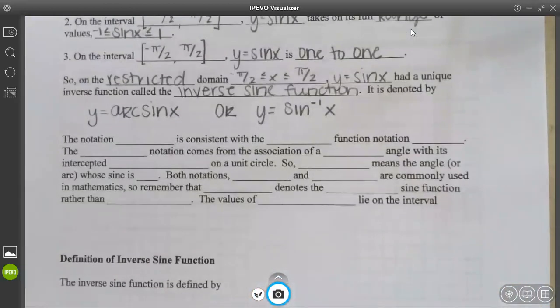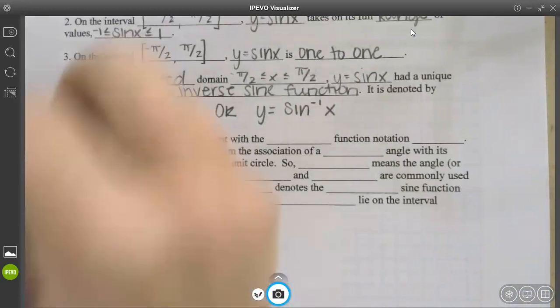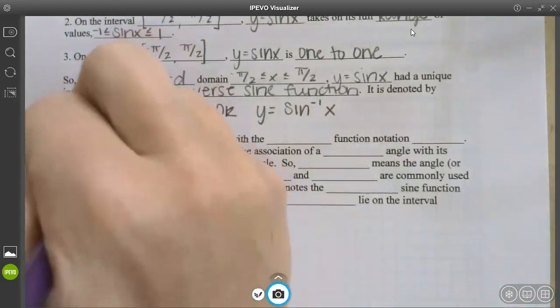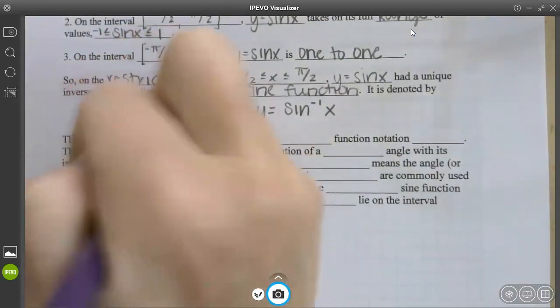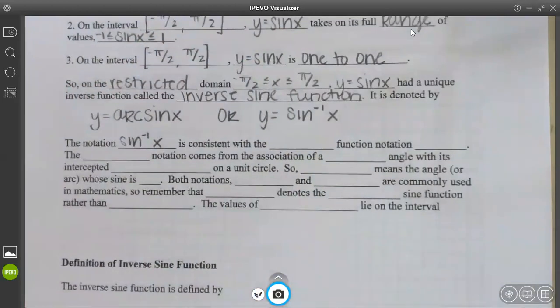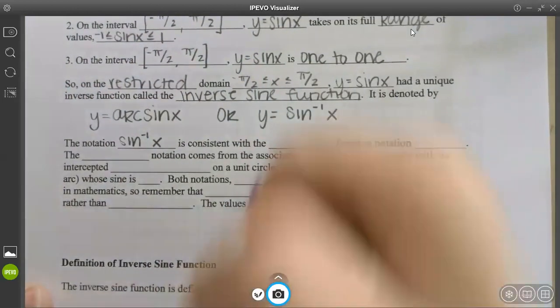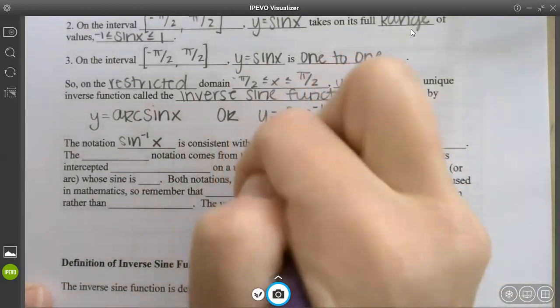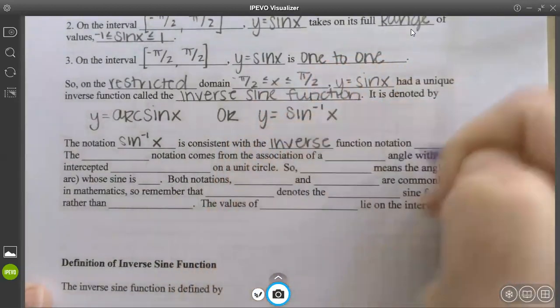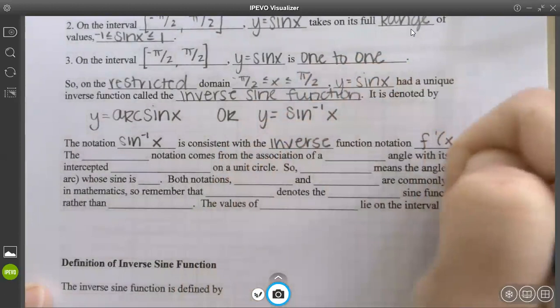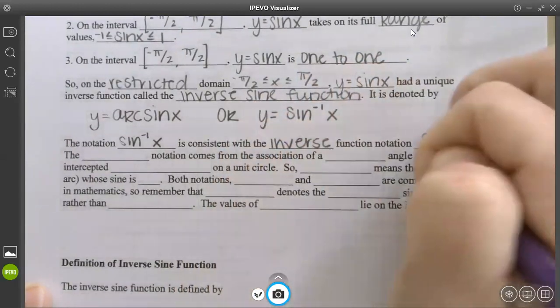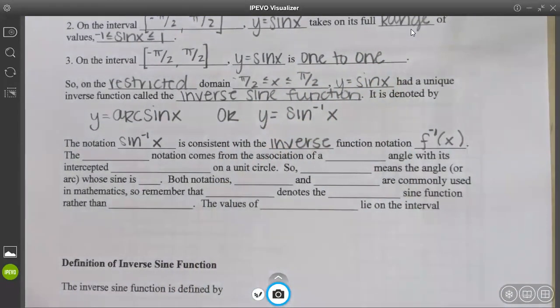That negative 1 always represents an inverse. The notation of sine to the negative 1 of x, or sine inverse x, is consistent with the inverse notation. I told you you've already seen it when we did our inverses, f to the negative 1 of x.